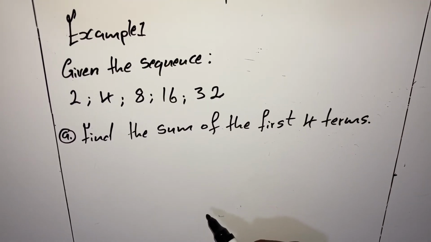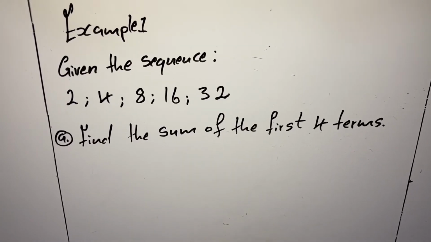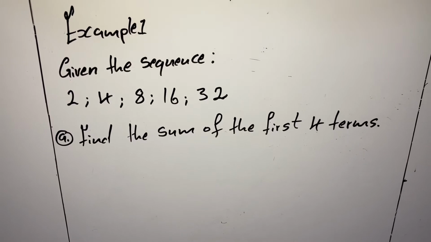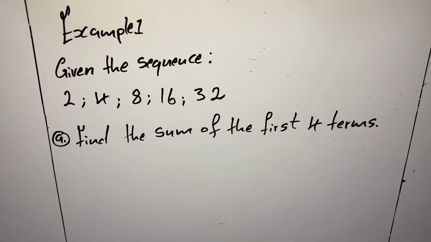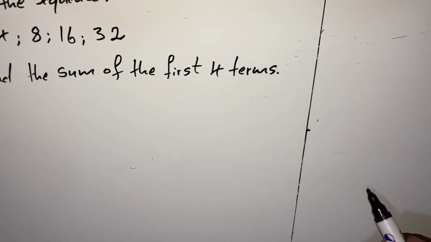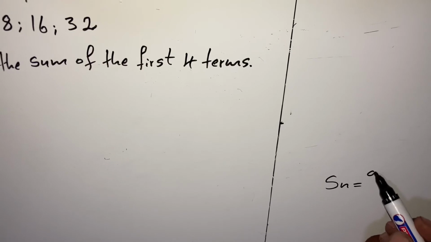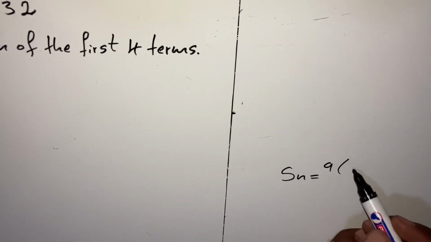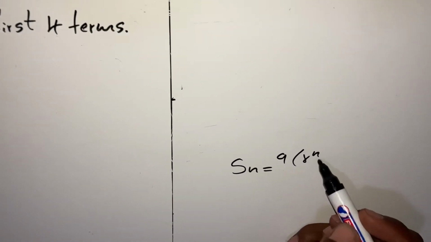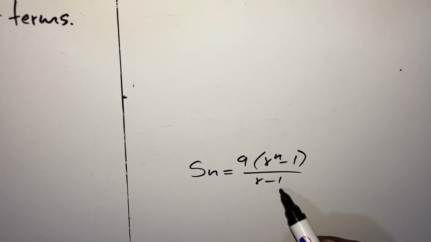So, before we go on to answer the question, we must firstly go to the formulas under geometric sequence. So, our sum formula, A times R to the n minus 1 all over R minus 1.